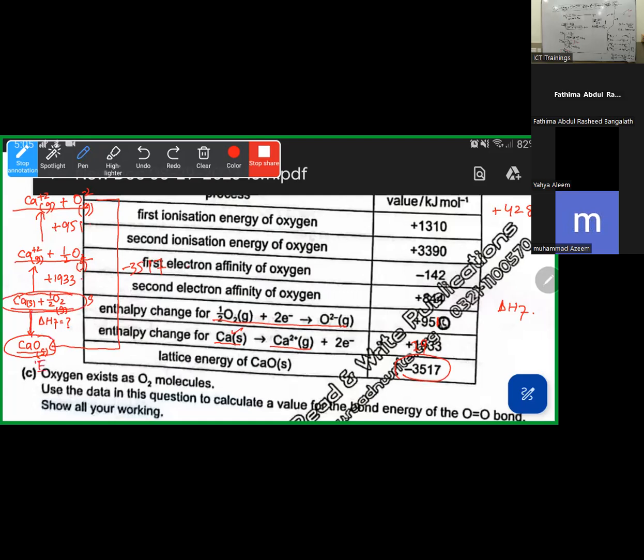This cycle has formation, which we have to calculate, then plus 1933, then plus 951, and then minus 3517. If you solve it, you will get the answer. Everyone got it? Yes, Fatma? Is the answer minus 633? That's fine. Very good.